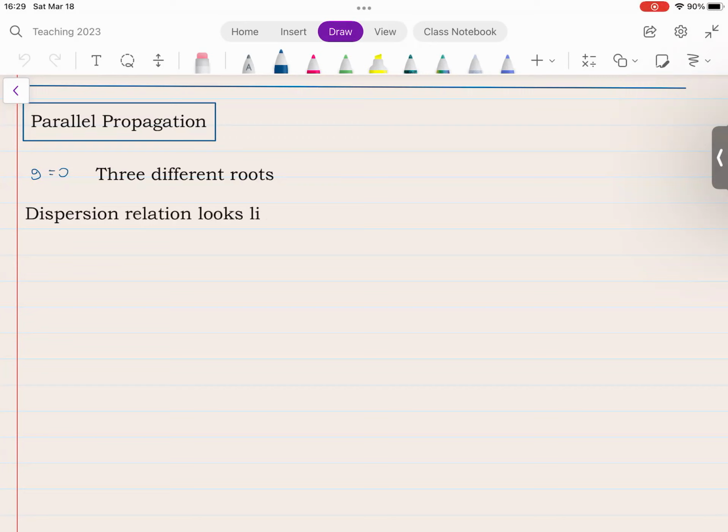Then I'm perhaps doing a slight abuse of notation by calling this a dispersion relation, since a dispersion relation is typically more properly or strictly meant to represent an equation that relates the wave number and the frequency, or the angular frequency, or the index of refraction instead of the wave number.